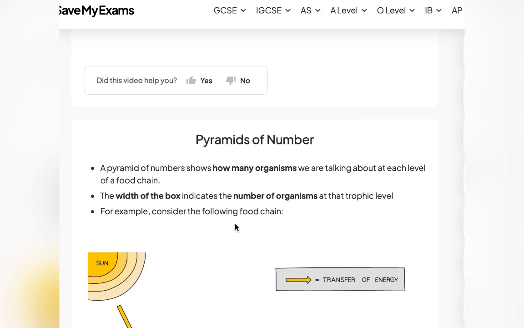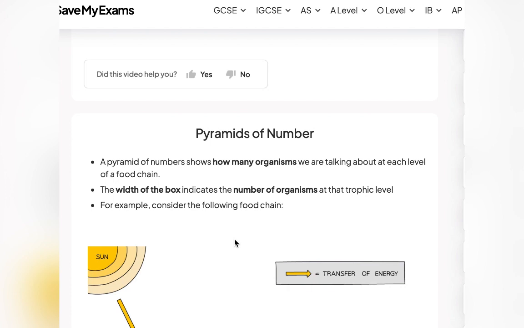So first of all, pyramid of numbers. A pyramid of numbers is just how many organisms are in the different trophic levels of the food chain. It's not the actual representation, it's just showing the number of organisms in each level.